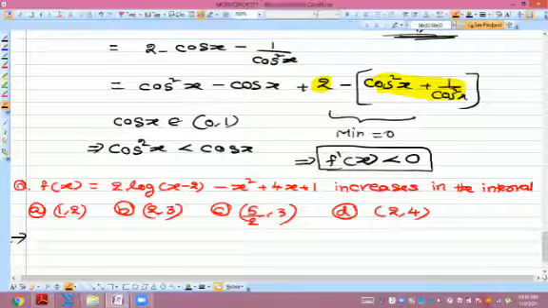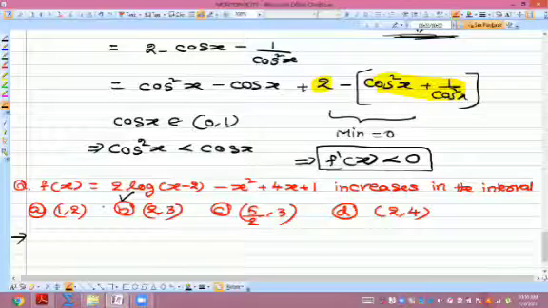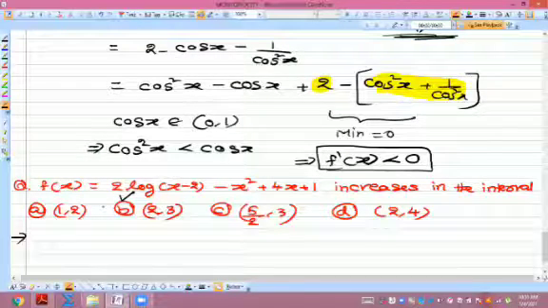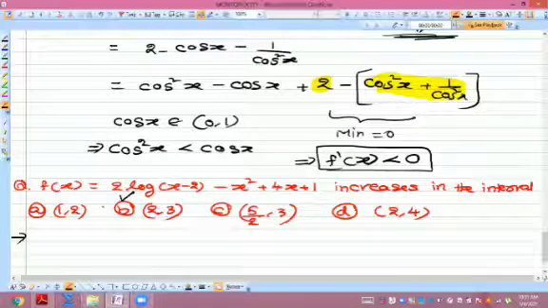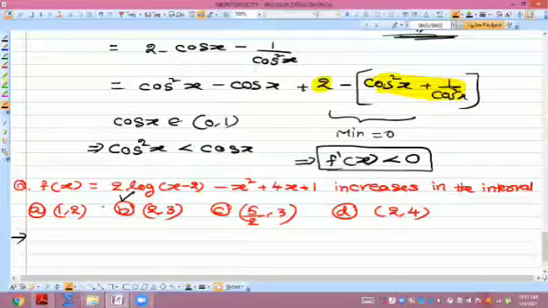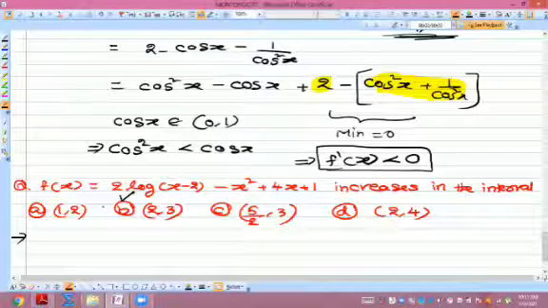Sir, is the answer option B? Option B, right? Yes, correct. How did you do it? Any substitution? Sir, I did differentiation. Okay, the differentiation we can use.